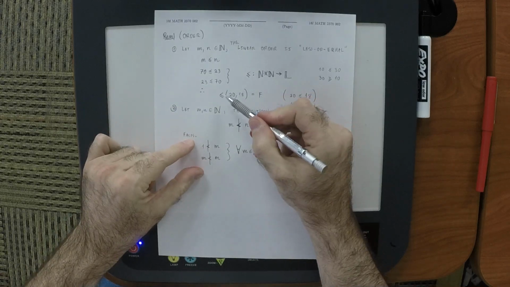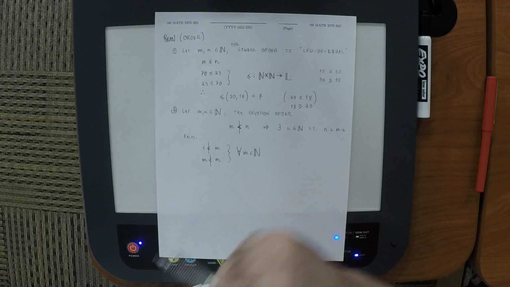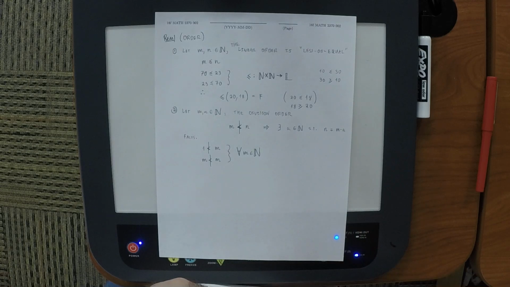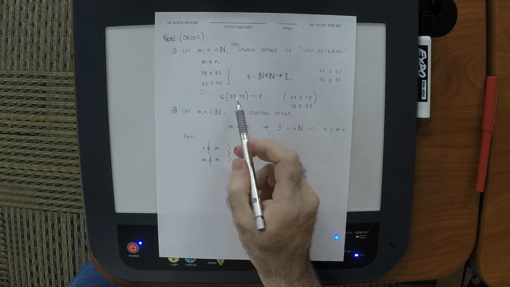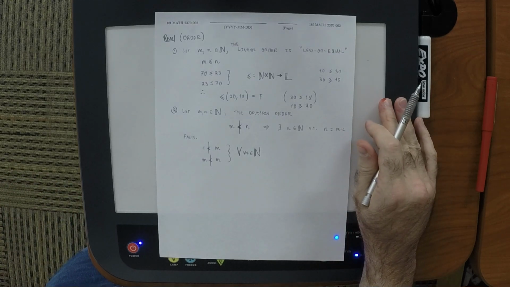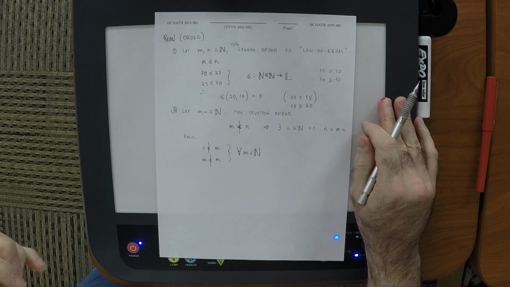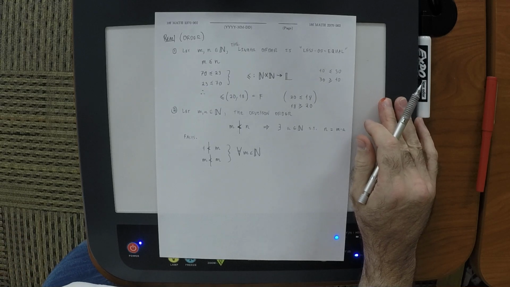Now, concerning this, the linear order, that says less or equal. And then, of course, you also know this other thing, less than. Okay? So if we were to take the same number twice, like 20 and 20, is 20 less or equal 20? Yeah. How about is 20 less than 20?